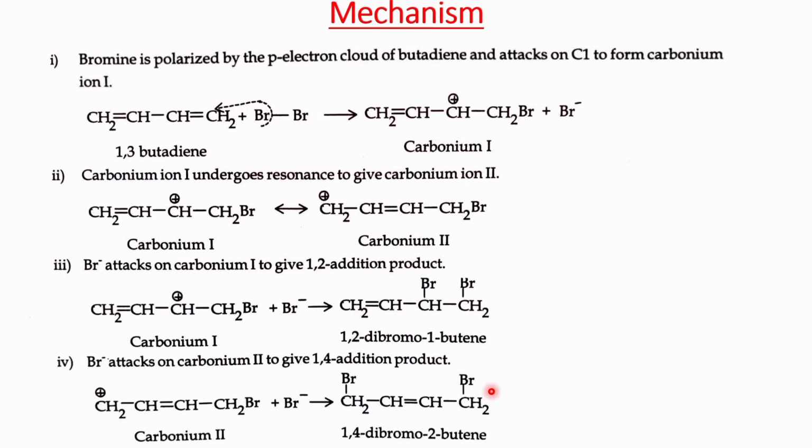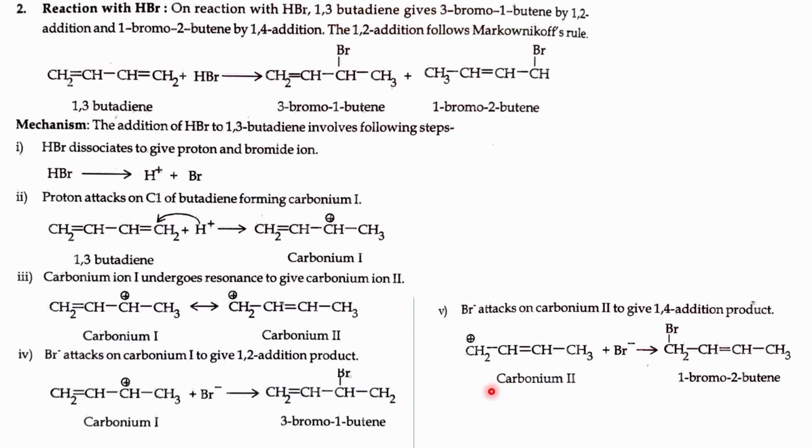So this is 1,4 type of addition. Since it forms two types of carbonium ions due to resonating structures, we get two types of addition, 1,2 addition and 1,4 addition, forming different products. So we get a mixture of these two products.